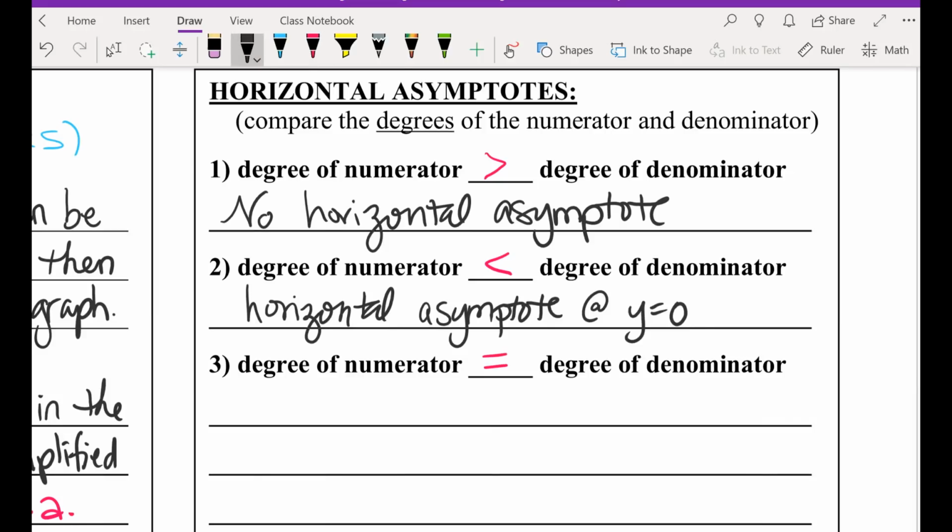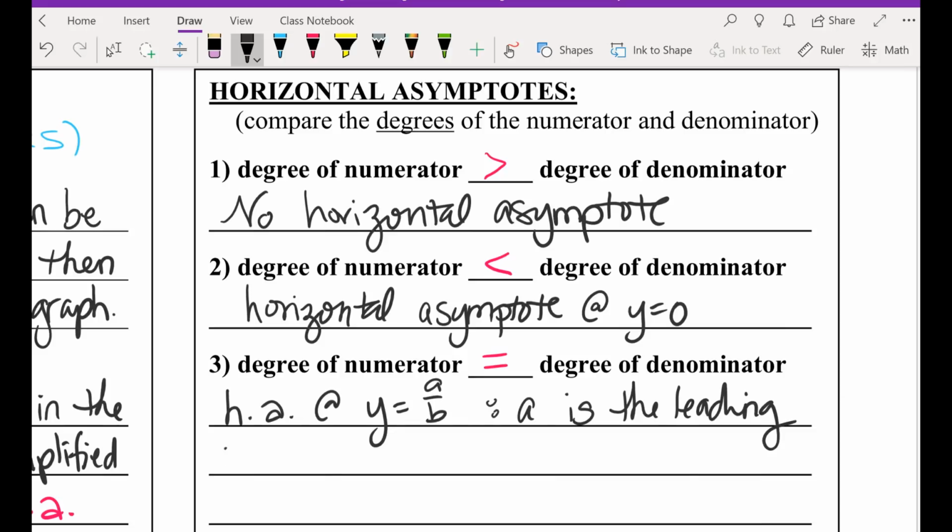Okay, so if the degrees are the same, then your horizontal asymptote is at y equals a over b. And this varies depending on the equation. a is the leading coefficient of the numerator, okay, so the number in front. The leading coefficient of the numerator, and you guys will see examples, don't worry. Guess what b is?